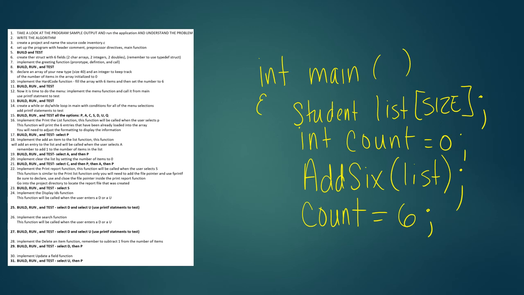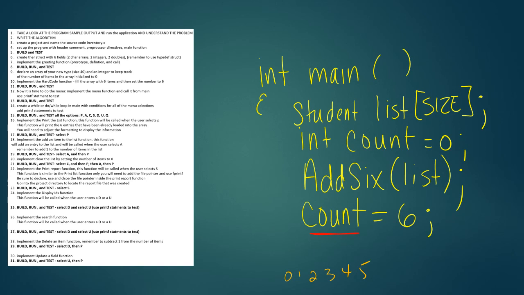Now why is that important? Because this variable count right here is the one that's going to decide where you put the new item in, where you add one, how many is going to be printed onto the screen, how many items are in your list. If there are 6 items in your list, count would be 6, and they would be at indexes 0, 1, 2, 3, 4, 5.